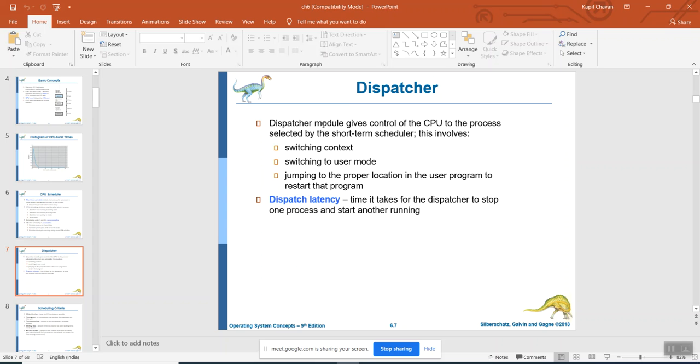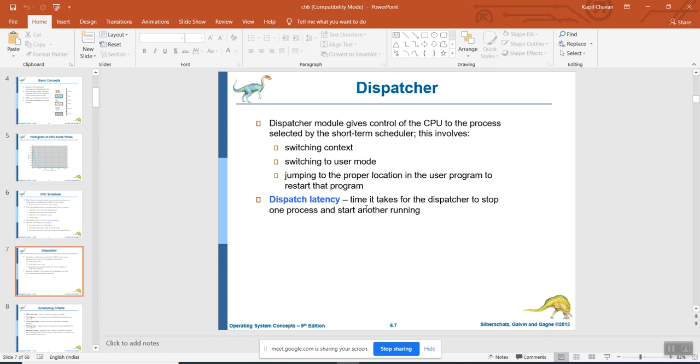That module is called the dispatcher module. The tasks of the dispatcher module are context switching, switching to user mode, then jumping to the proper location in the user program and restarting the program.